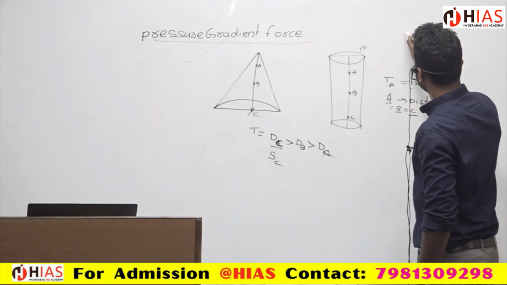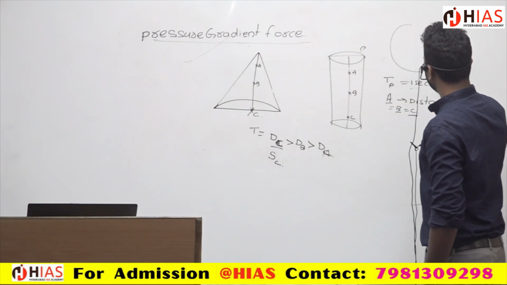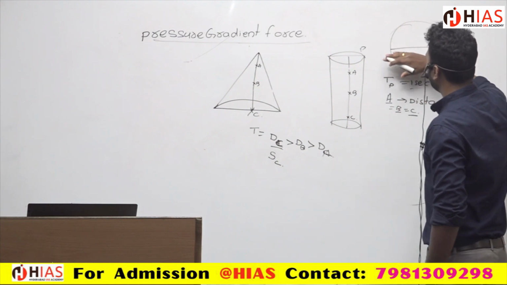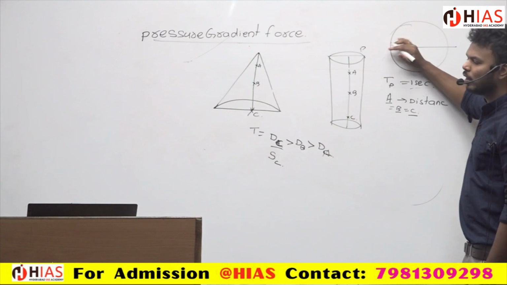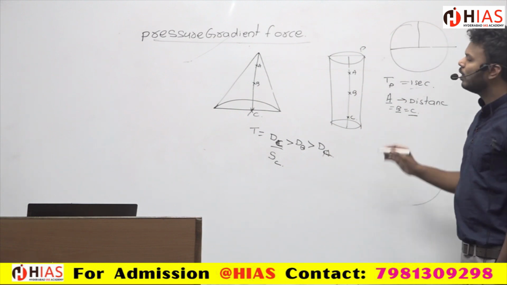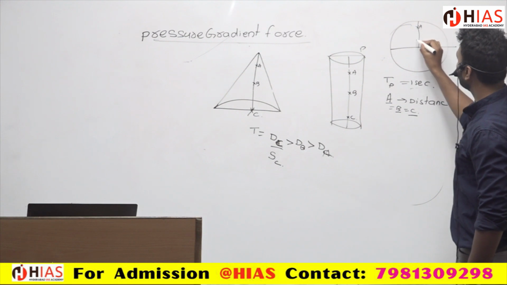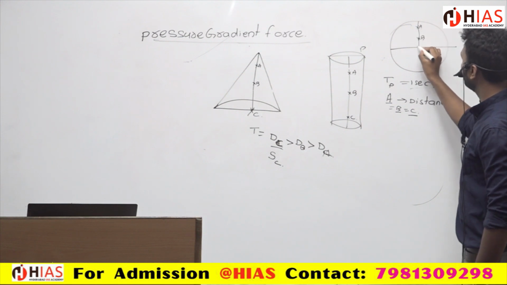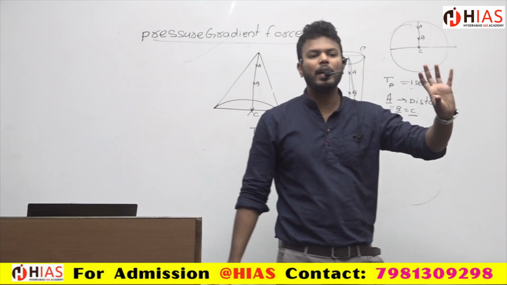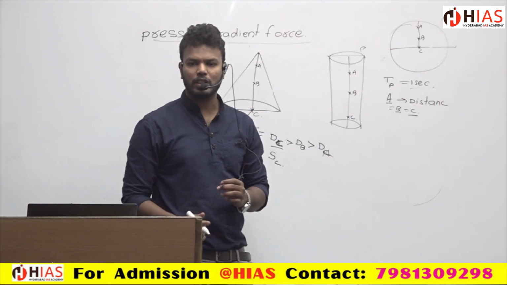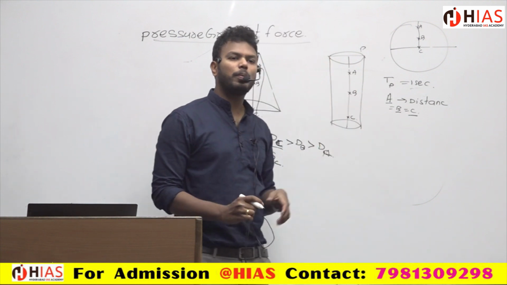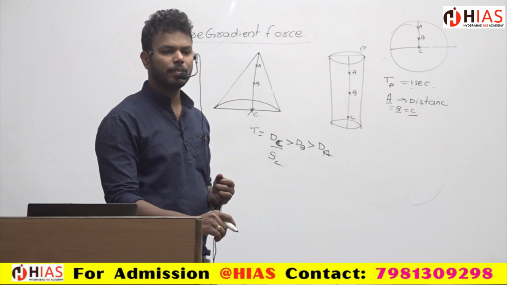Now just imagine the Earth, cut so that this is the equator. Try to draw the same points over here: point A, point B, and point C. If the Earth completes one complete rotation, which point will travel more and which will travel less?